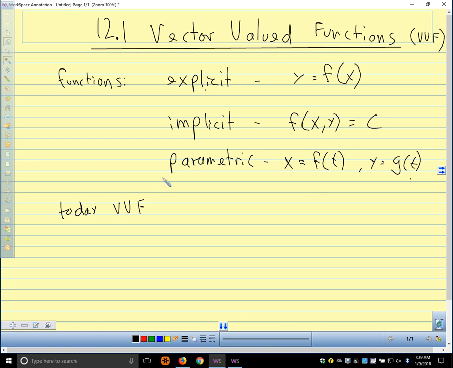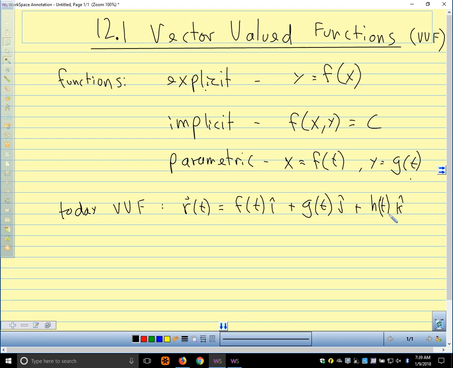So we're going to say something like r of t is f of t i hat plus g of t j hat plus h of t k hat. And we're going to jump straight into 3 dimensions.